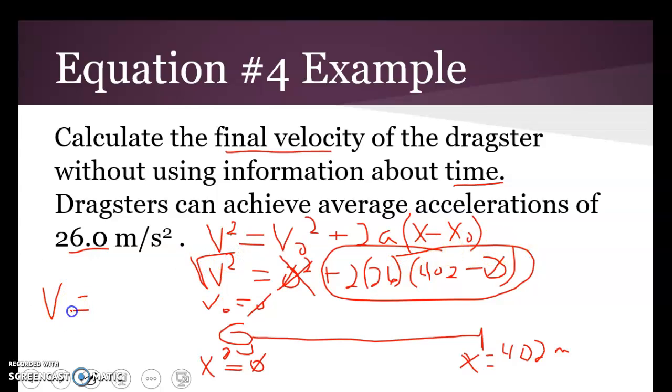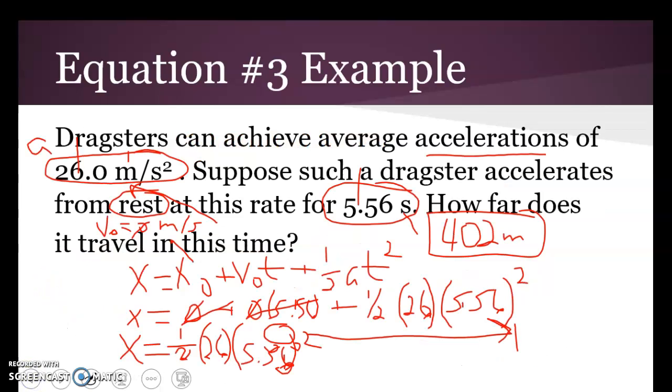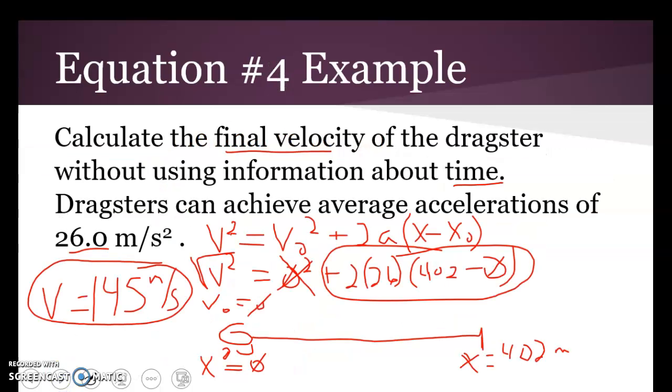So my v turns out to be, the answer should come out to be 145. And since I'm still in meters per second, it should be meters per second. So we said 145, right? And we know now what our final velocity is of our dragster, okay, without worrying about time. So we could use that same equation using information from before.